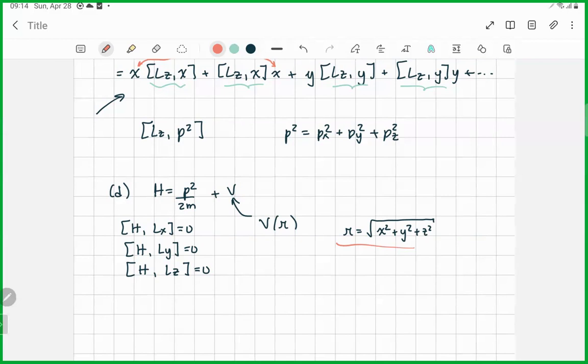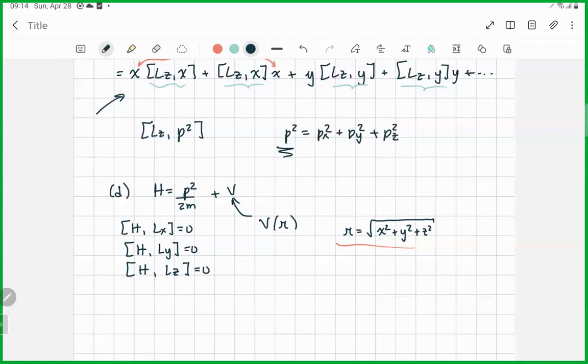So the way to go here is pick each one of those components and, well, first look at the commutator with p squared. So get the commutator of Lx, of Ly, of Lz with p squared.